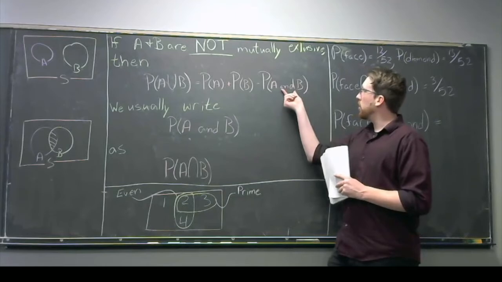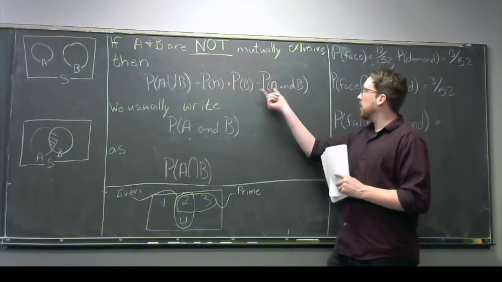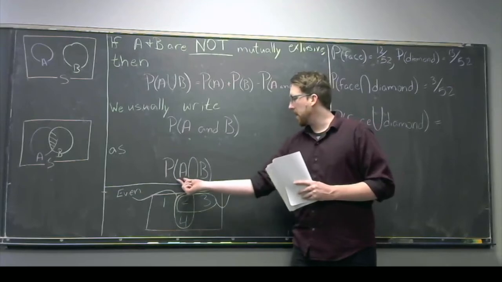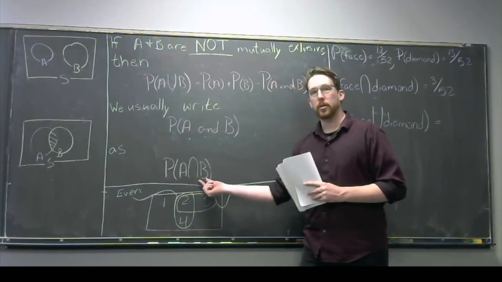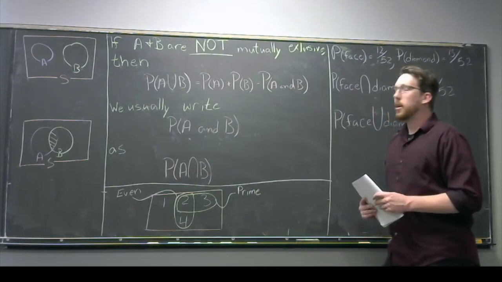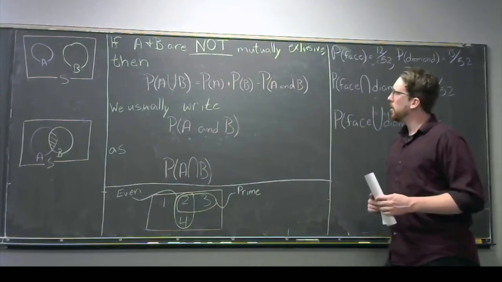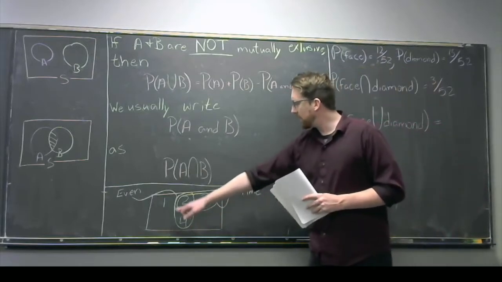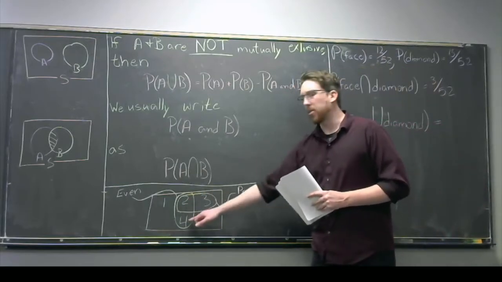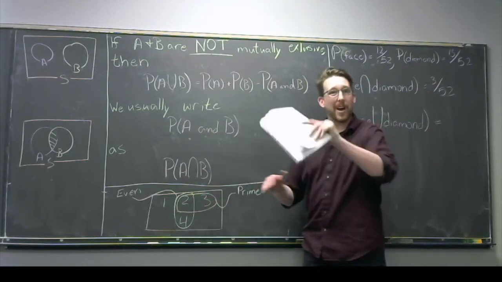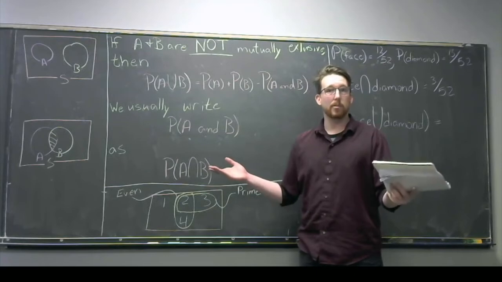Having said that, we usually write P, the probability of A and B, as the probability of A intersected with B. And if we think about what we're doing here, really it's the same thing as saying, what's the size of the two sets together? That's all we're doing, really. And then dividing that by the size of our sample set.